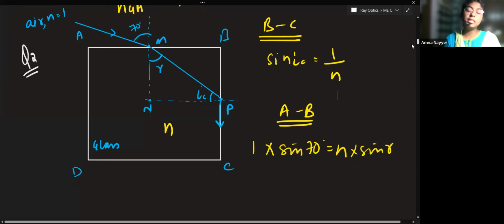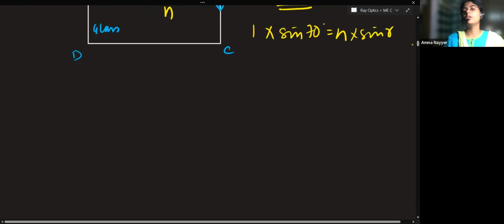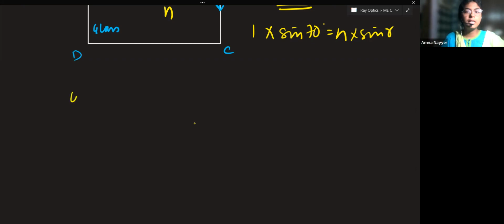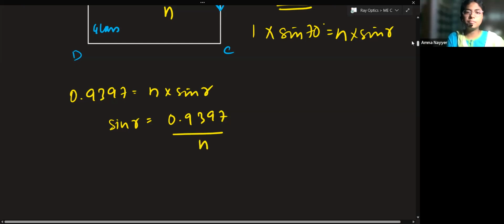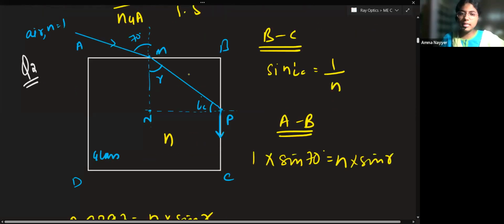One more thing, in this question class, sine 70's value was given, 0.9397. So 0.9397 is equal to N into sine R. From here, you have the value of sine R as 0.9397 divided by N. Now, if you look at this triangle, this is 90 degrees, this is R, this is IC.